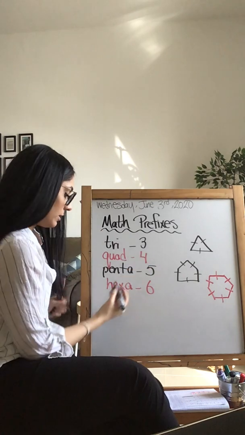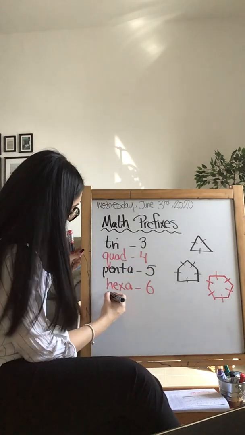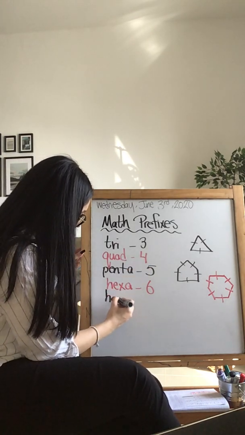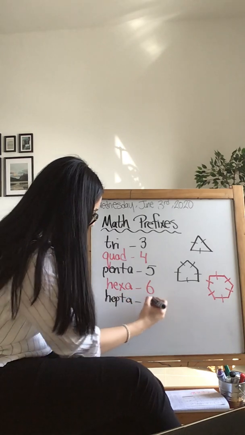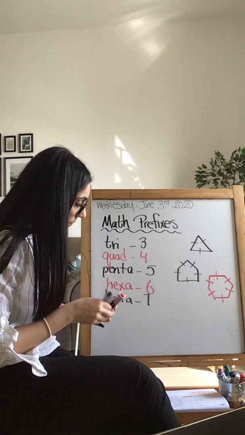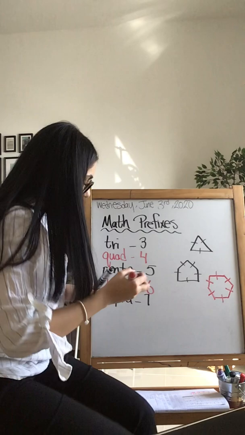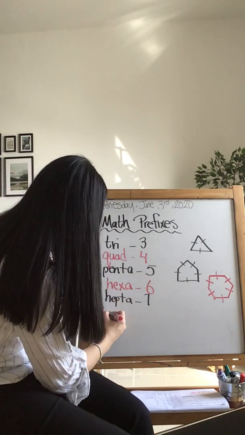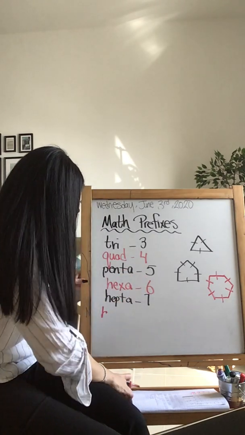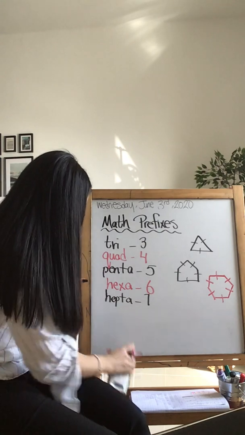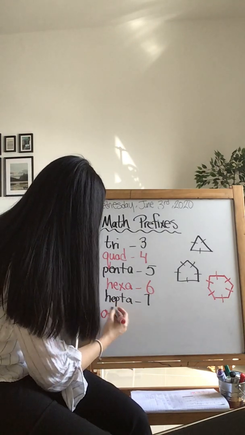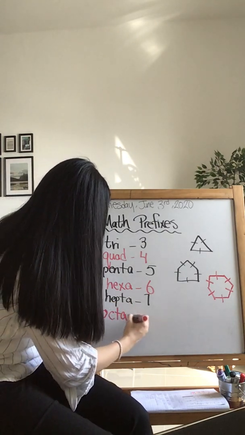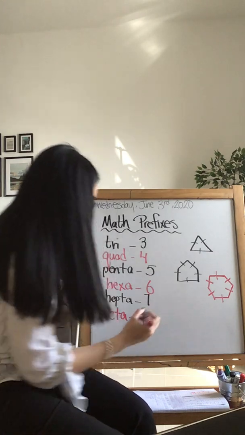Okay, if I've got hepta, that's a shape with 7. I've done hepta. If I've got octa, which I mentioned yesterday, that has 8, right?